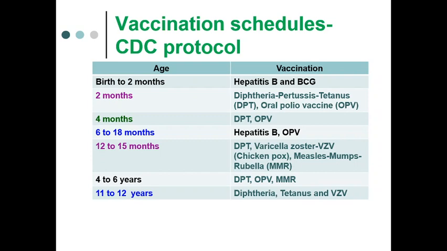Generally, the administration starts at the second month after the birth of the child, as recommended by the CDC, that is the Center for Disease Control, which is a United States agency.